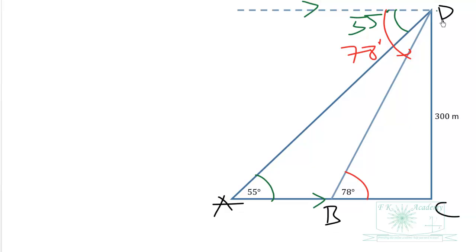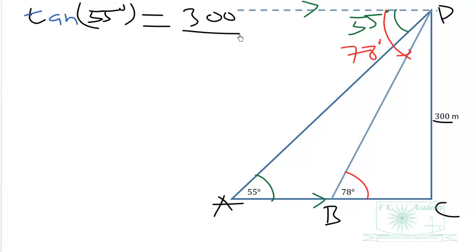Alright. So by trigonometry, from triangle ACD, we know that tan 55 degrees will be equal to opposite, which is 300 meters, over adjacent, which is AC, the distance from A to C. So this will give us AC equal to 300 over tan 55 degrees.